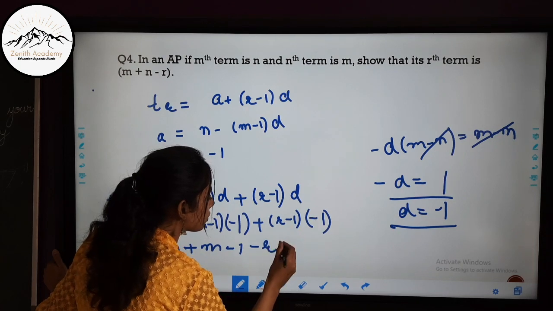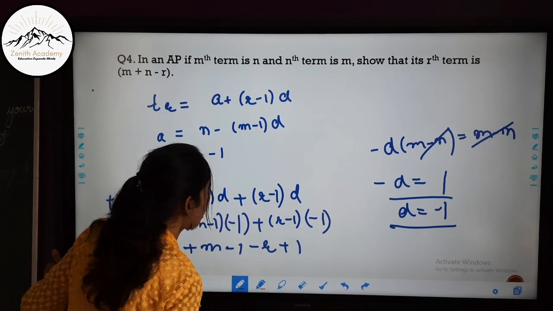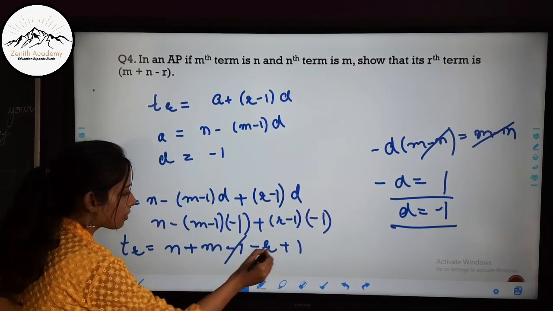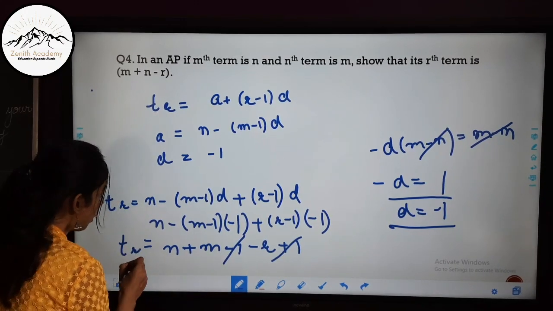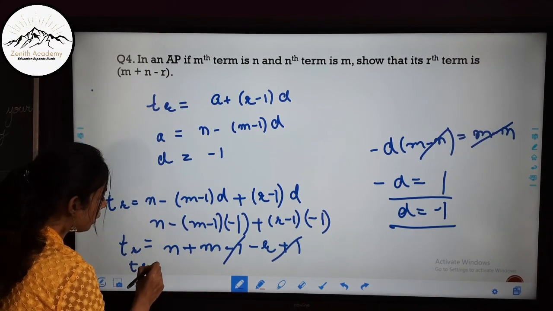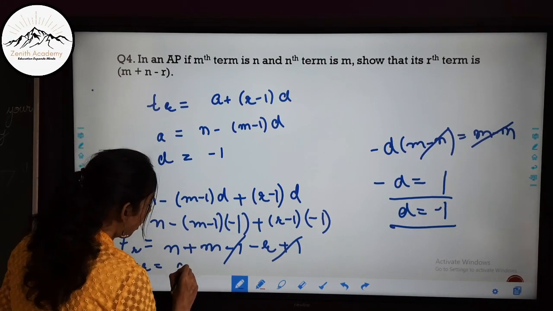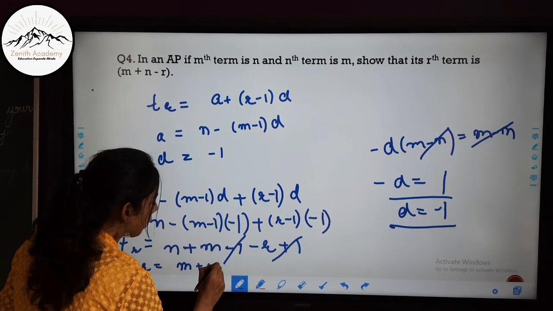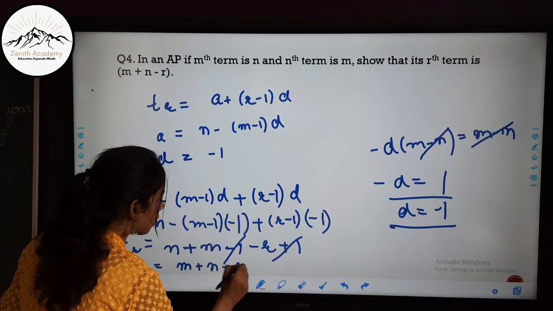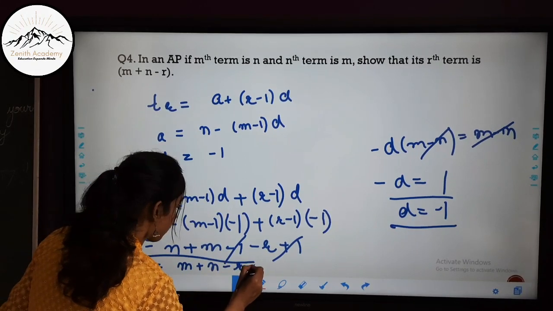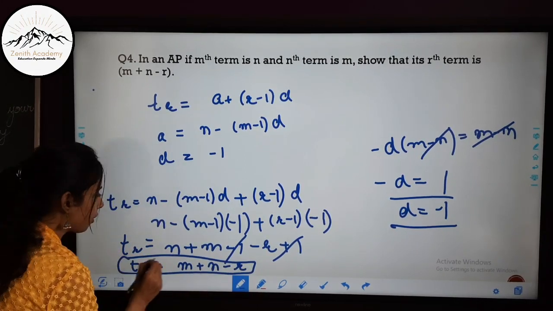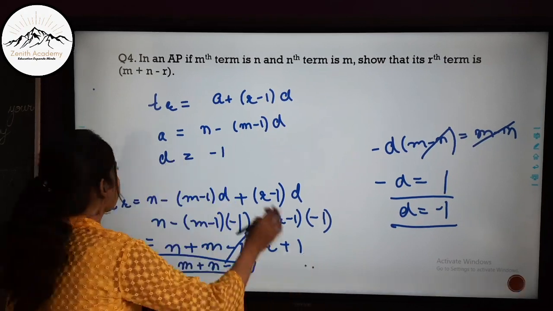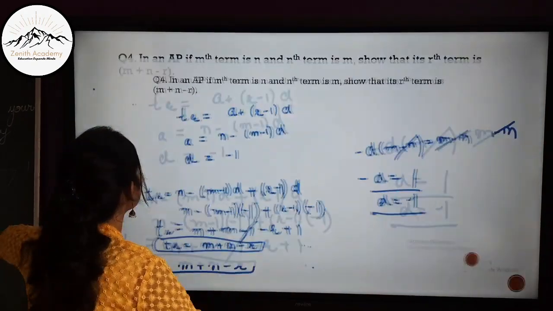Minus minus will give us plus 1. So minus 1 and plus 1 get cancelled. Our rth term will be equal to m plus n minus r. Hence proved.